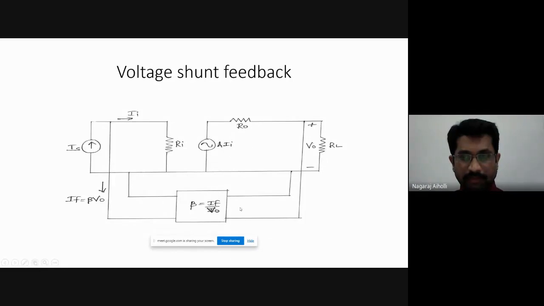The output is taken and applied as input to the feedback circuit. The output of the feedback circuit is a current, because it is applied in shunt with the current source. Input is the voltage. Therefore, beta is equal to If by V0, the feedback factor, or feedback gain.